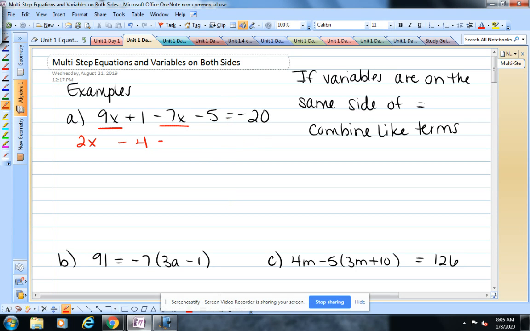Now, y'all, I noticed on some of your work yesterday, if you leave off this equal sign from one step to the next, it is mathematically wrong. Your equal signs cannot just disappear from your paper. From step to step all the way to the end, your steps need to be mathematically correct. I'm very particular about you keeping your steps mathematically correct because I know what you're going to see in college.